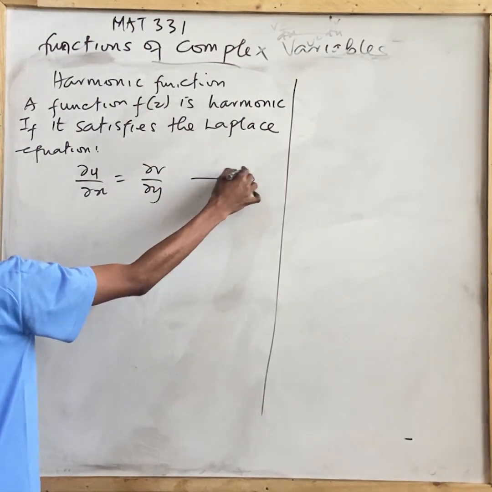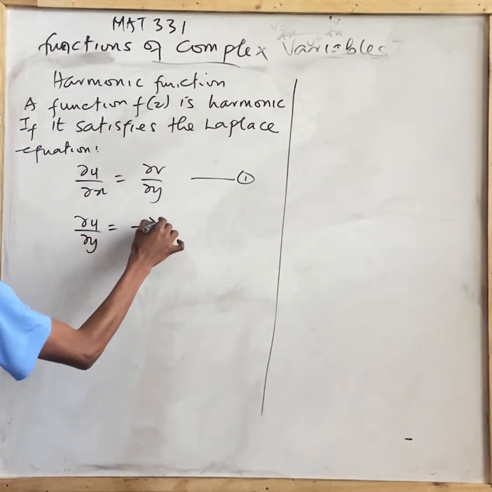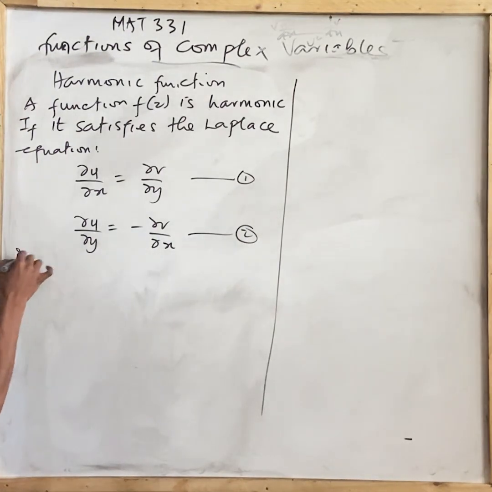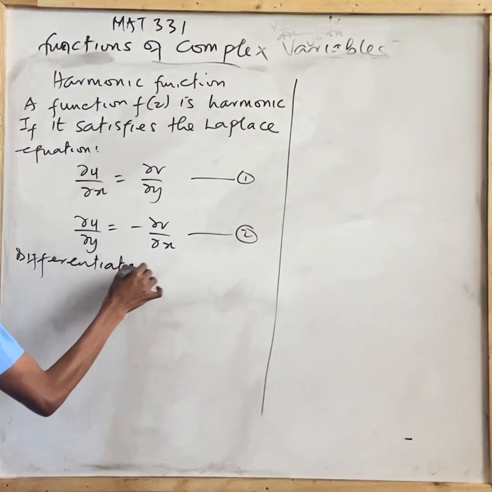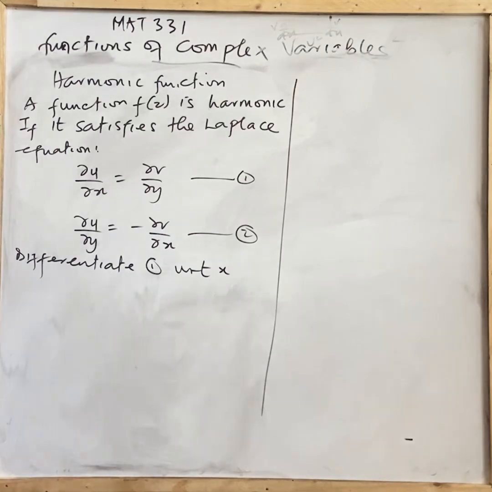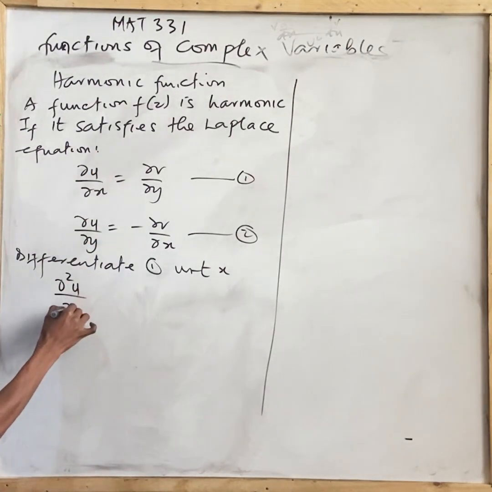Say this is equation 1. And then du dy is equal to minus dv dx. Say this is equation 2. If I differentiate equation 1 with respect to x, this one will be d square u dx squared, right?